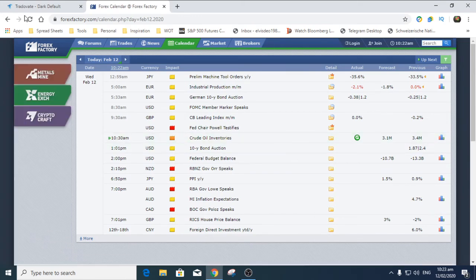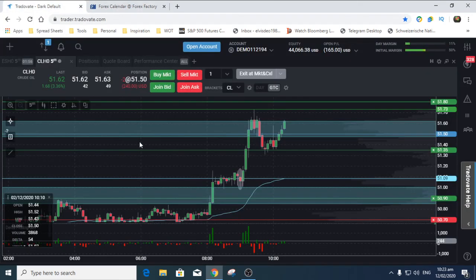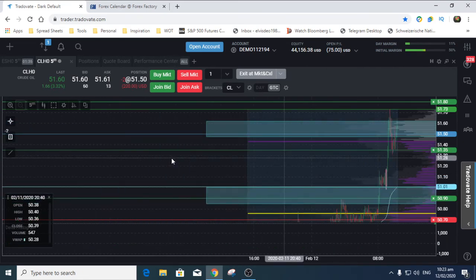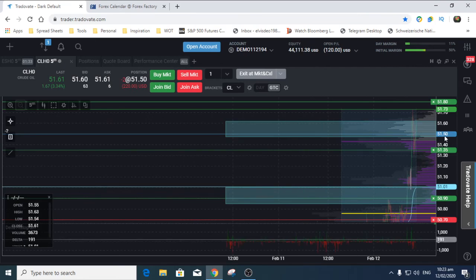So we have crude oil coming out now. May get a pip here. We're expecting the move to be bearish, so do not be trading if you're on top step. At this point, you are not allowed to trade through the news. You can see what we're looking for, the inflection point at 50 to 60.